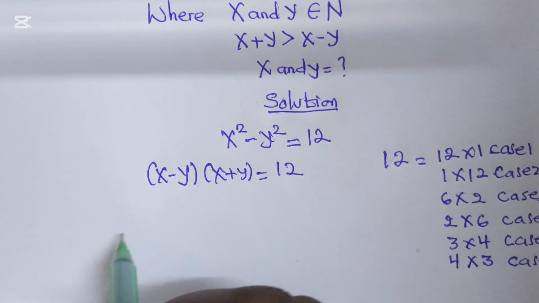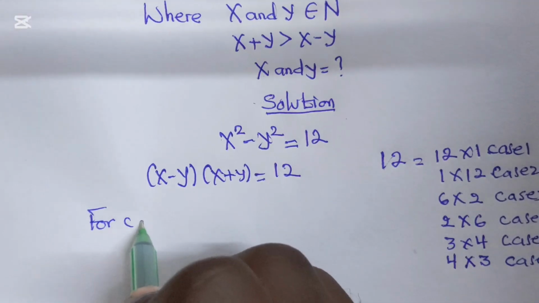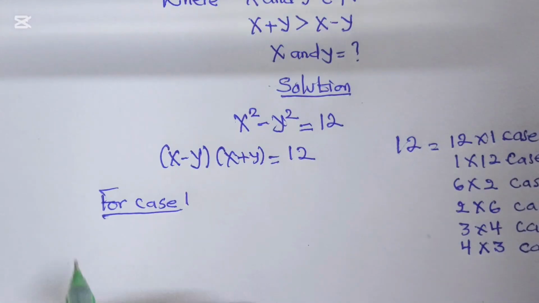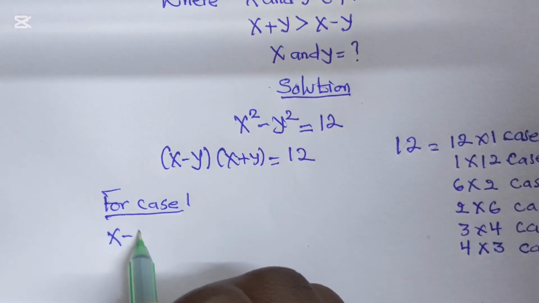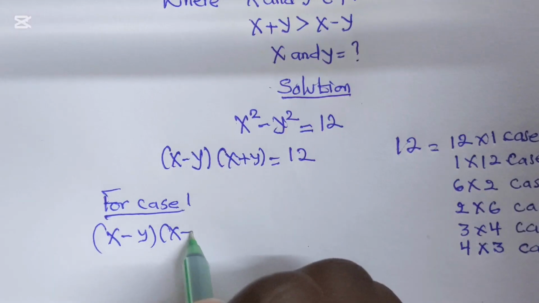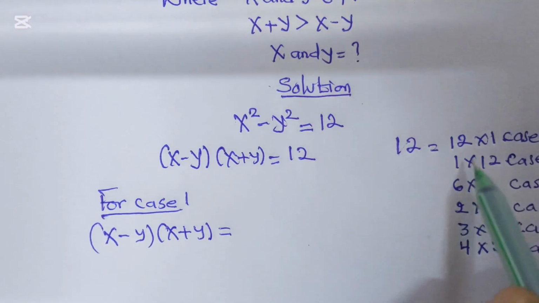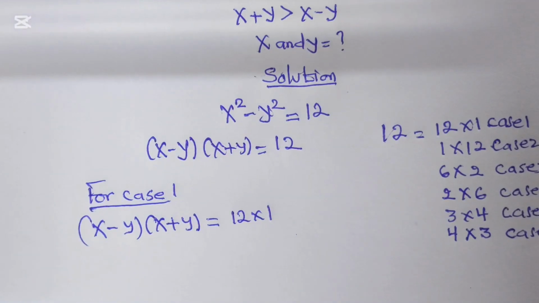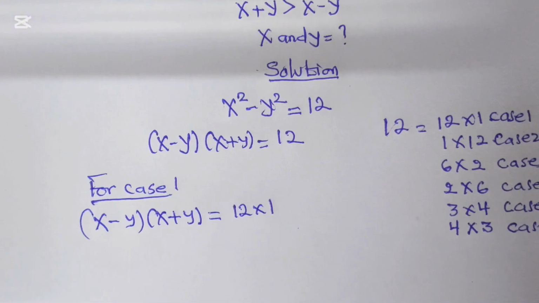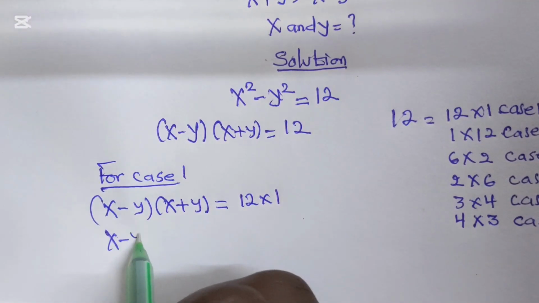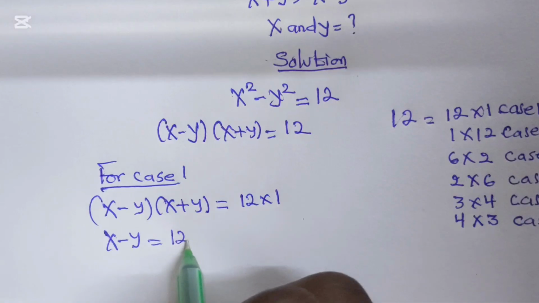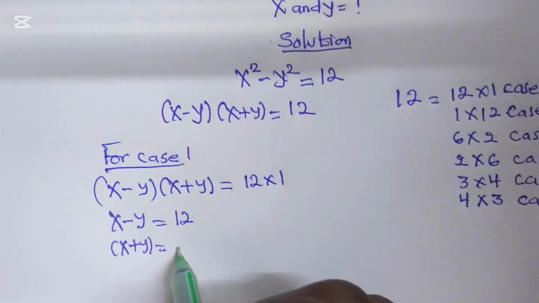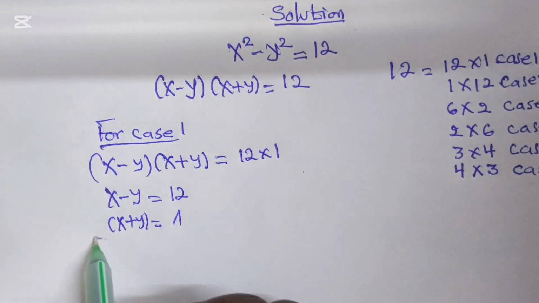For case 1, we have x minus y times x plus y equals 12 times 1. So x minus y equals 12 and x plus y equals 1.